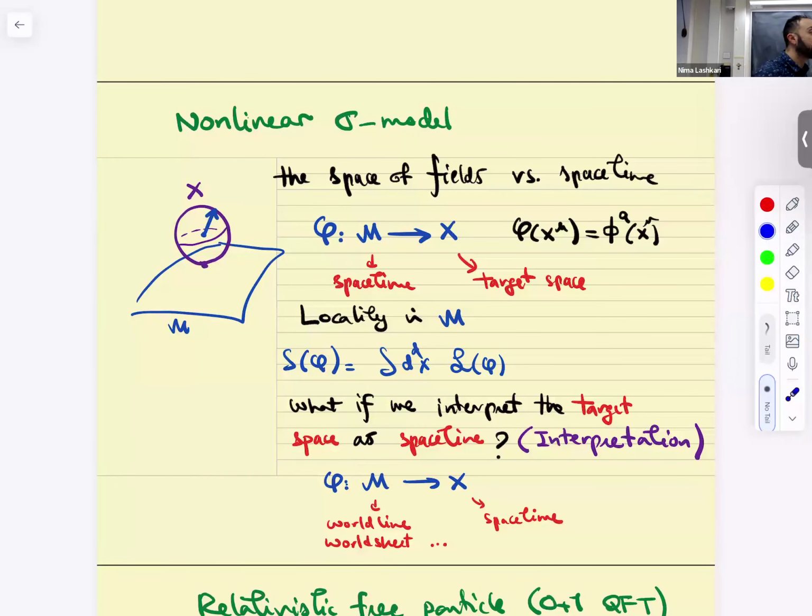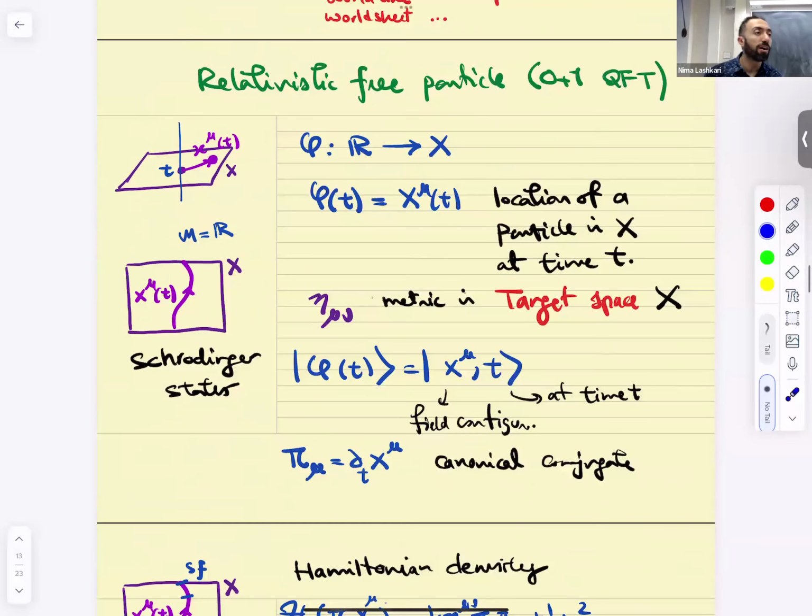Who cares about that? That's just something for me. I'm going to think of my space-time as being X. It's an example for you guys to think about what 0 plus 0 QFT is and what nonlinear sigma model is. I'm going to discuss 0 plus 1. Okay?